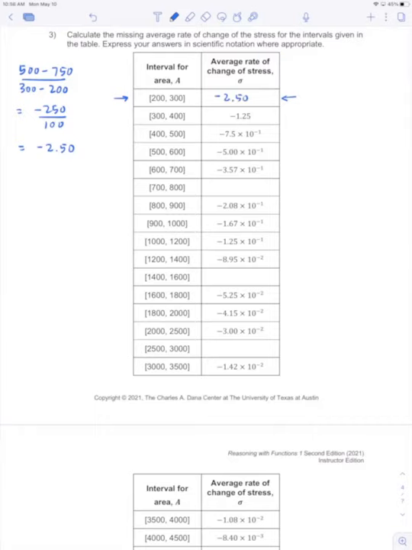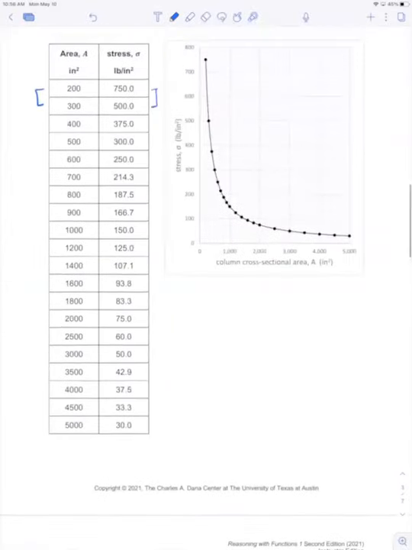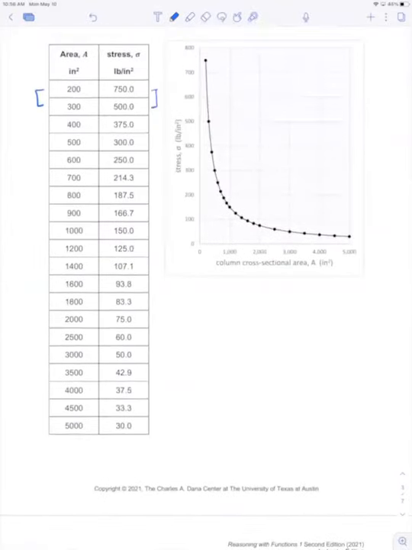Let's move to the next missing piece of information. Again, this comes from the above table, the first one that we saw. There's 700 and 800, and we're also going to be using the 214.3 and the 187.5.